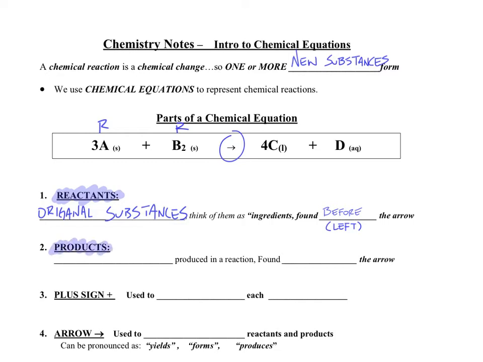My products are going to be on the opposite side of the arrow, and it's what's being produced. These are the new substances that are being formed when my original substances react. These are found after the arrow, or in other words, to the right of the arrow in my chemical equation.